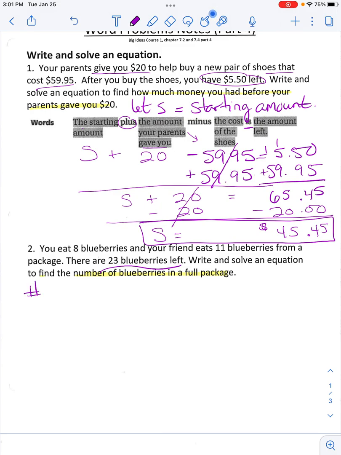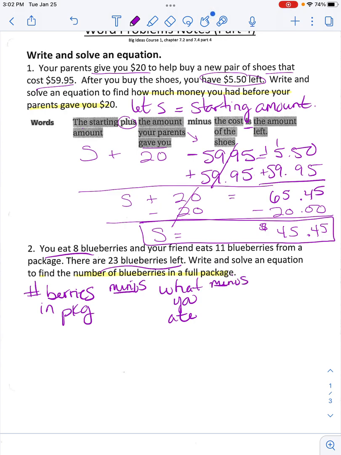Okay, we're going to start with the number of berries in the package, right? We're going to subtract what I ate or you ate, whatever, minus what your friend ate.